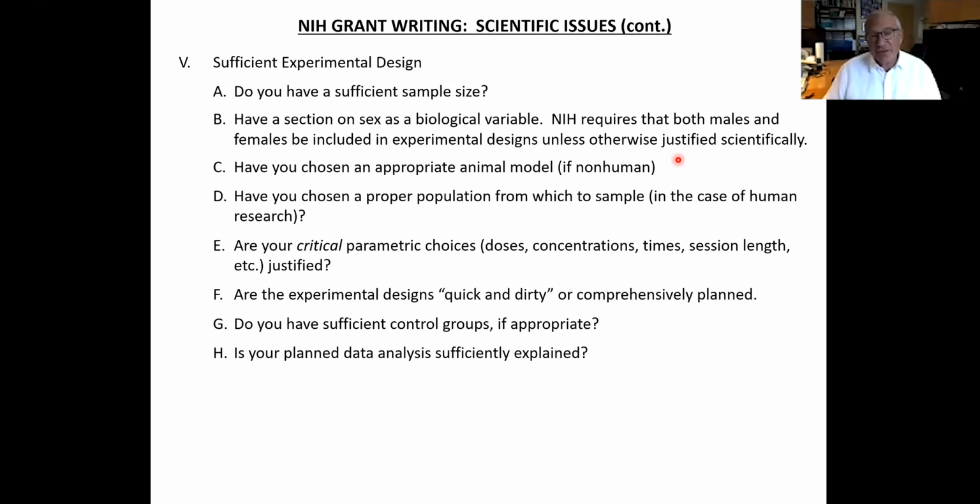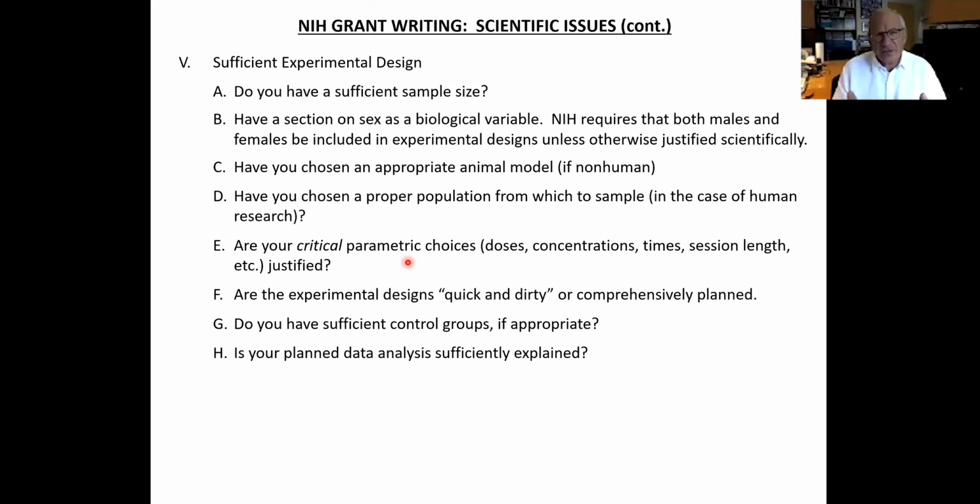Have you chosen an appropriate animal model if it's non-human research? Or if it's human research, have you chosen a proper population from which to sample? Are your critical parametric choices justified? This one I commonly see as a problem in grants. So, your doses, your concentrations, the times, the session length, whatever.